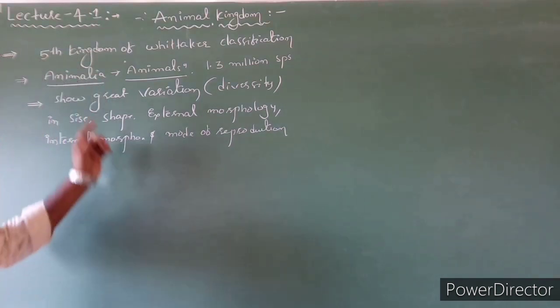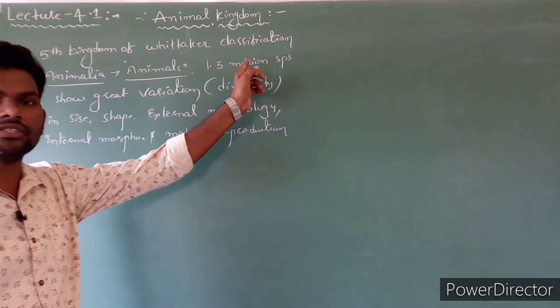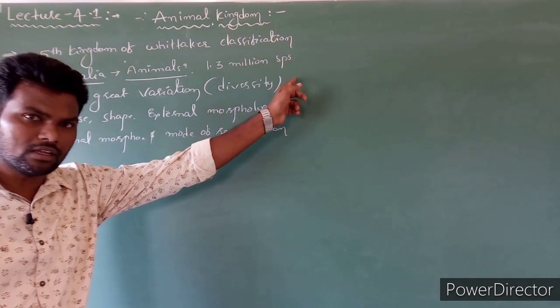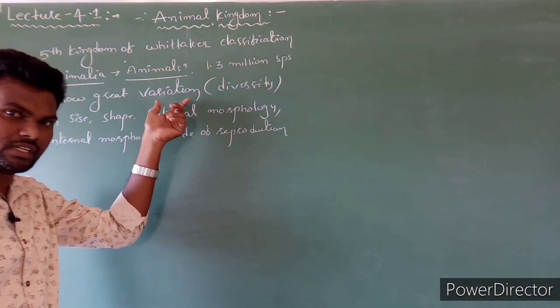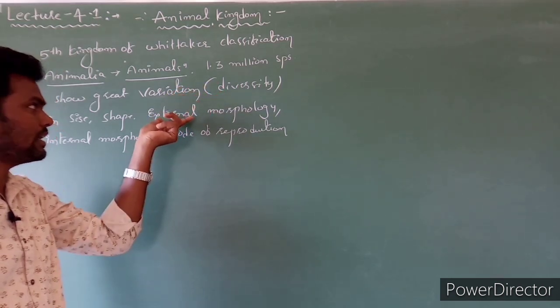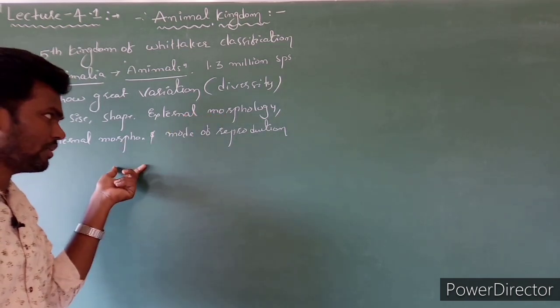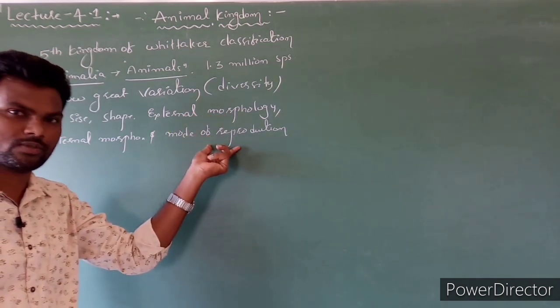Clear? In Animalia, nearly 1.3 million types of species are included. They have a great diversity in nature, and these animals differ in size, shape, external morphology, internal morphology, as well as mode of reproduction.